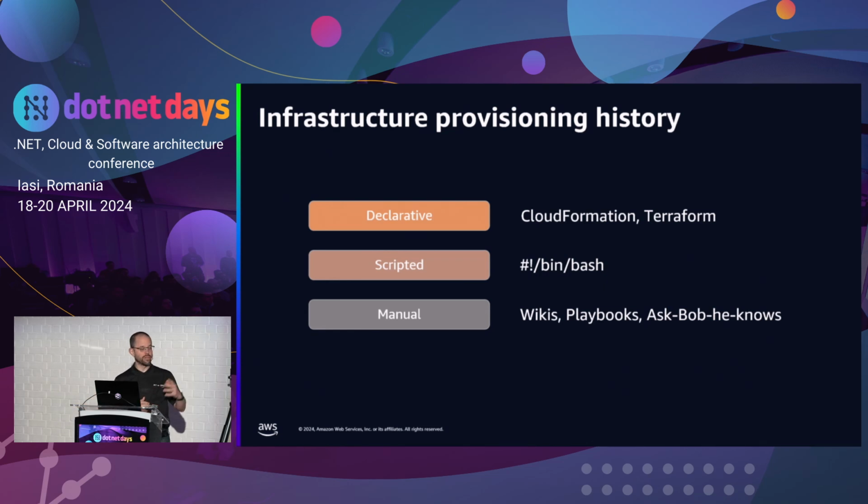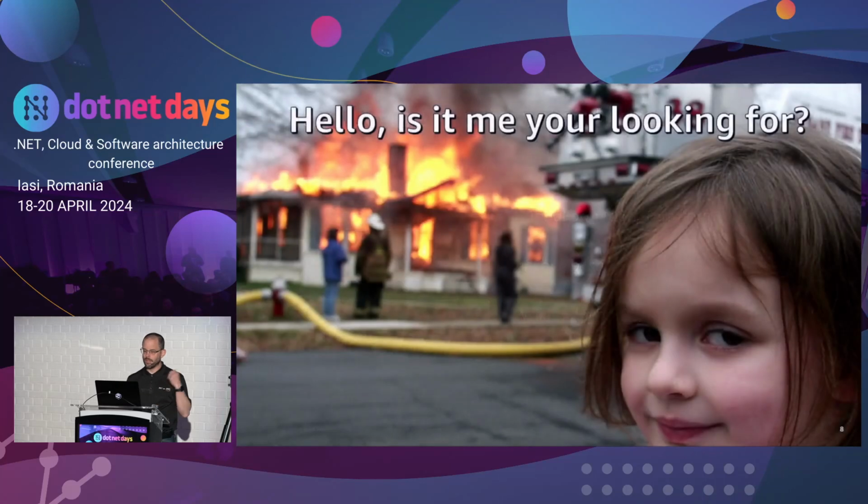So CloudFormation is the tool you can use on AWS. You could use Azure Resource Manager for Azure. You can use Terraform, which is multi-provider, so you can use Terraform for Azure, for AWS, Google Cloud, or even on-premises. But yet, it still happens.